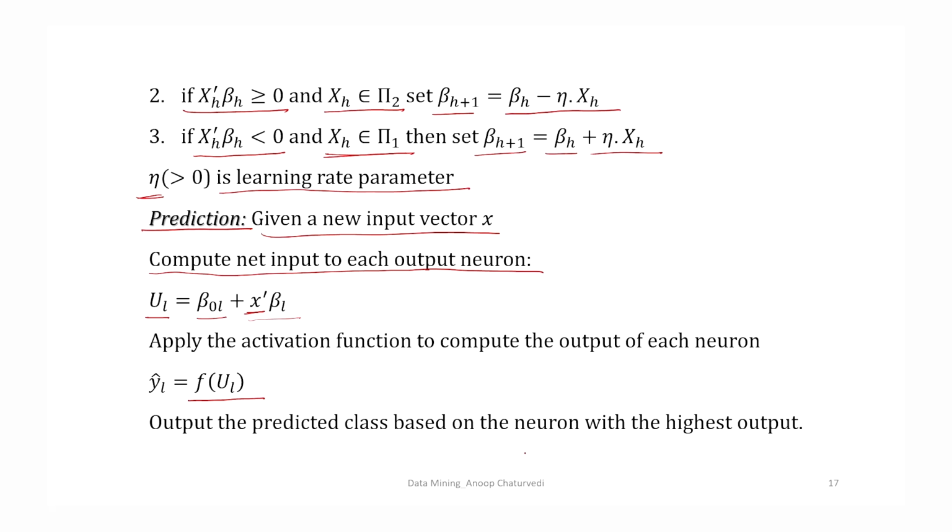Then we predict the class based on the neuron with the highest output. So, the ultimate output is the predicted class based on the neuron with the highest output. This is how you can get the predicted class corresponding to x.